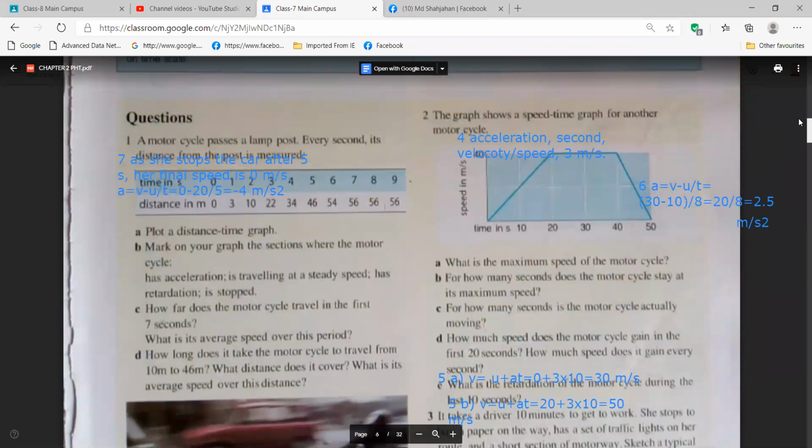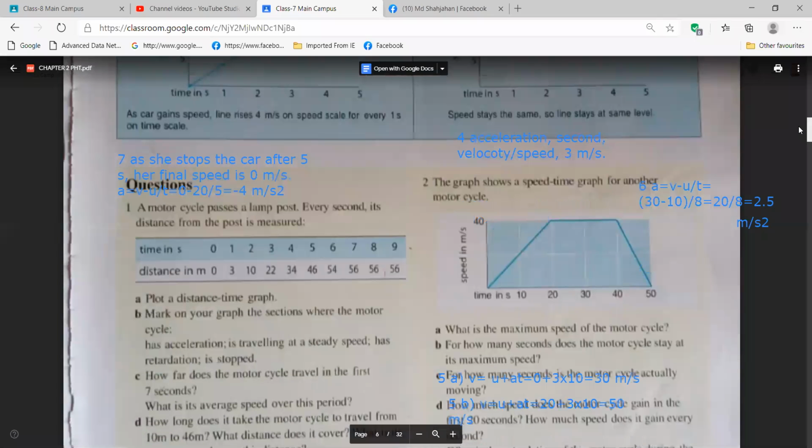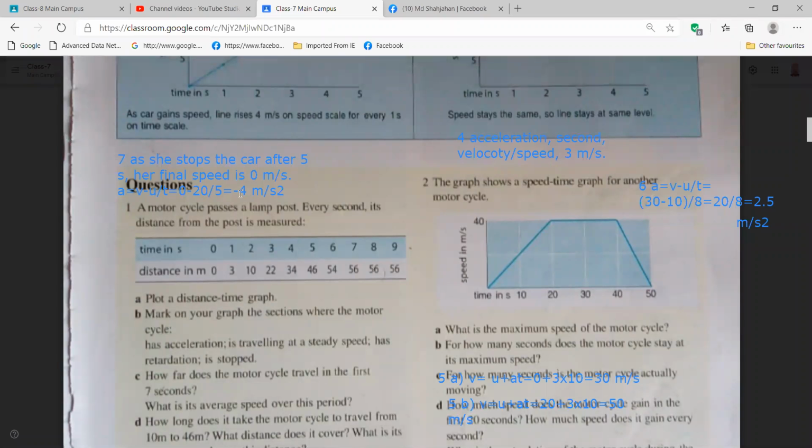Sir, the answer for number 7 shows 4 meters per second square in the book. The book is showing 4 meter per second square, but the answer is negative. Why? Because it is retardation. Is it clear now? Your book is showing only 4. It is fine, but we are writing the minus for understanding that it is retardation.